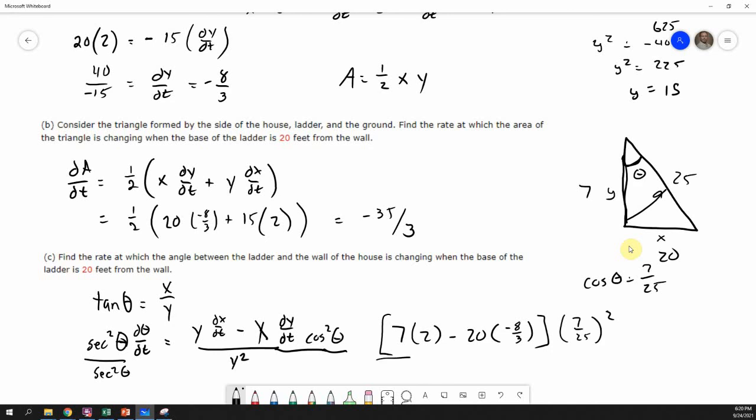Cosine theta squared, over y squared. y was 7, so 7 squared. So I get 14 minus or plus 160 over 3 times 49 divided by 25 squared, all divided by 49.